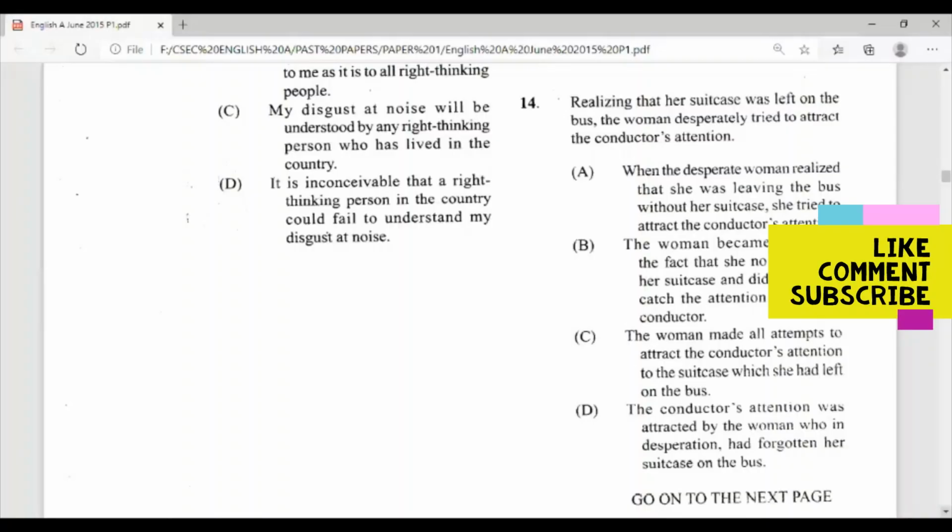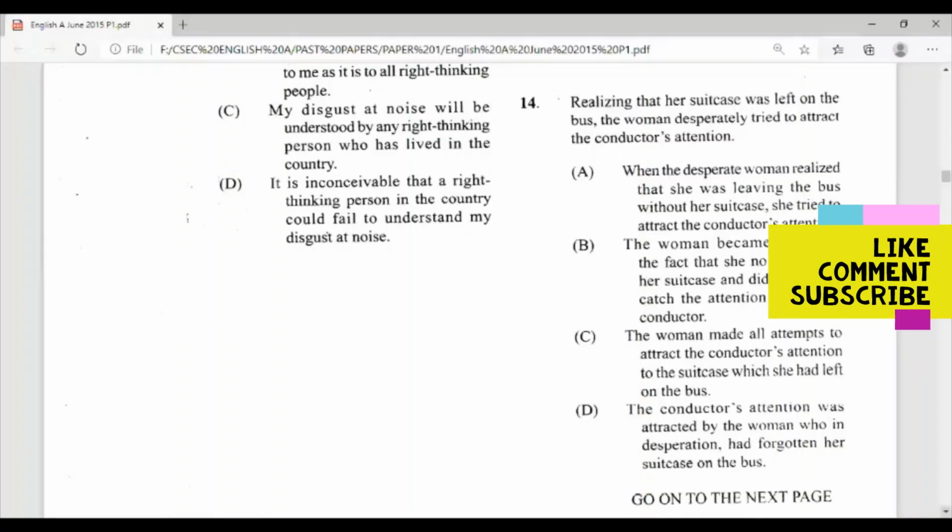No, the original sentence said that the suitcase was left, not that she was leaving the suitcase. So let's hold off on A. B, the woman became aware of the fact that she no longer had her suitcase. That is true. She didn't have it. And she did her best to catch the attention of the bus conductor. All right, that doesn't sound bad either, but let's look at our other options.